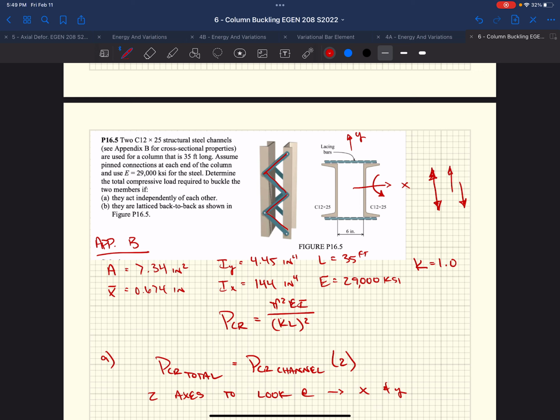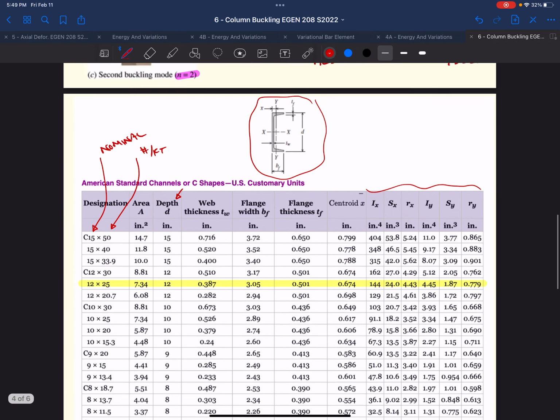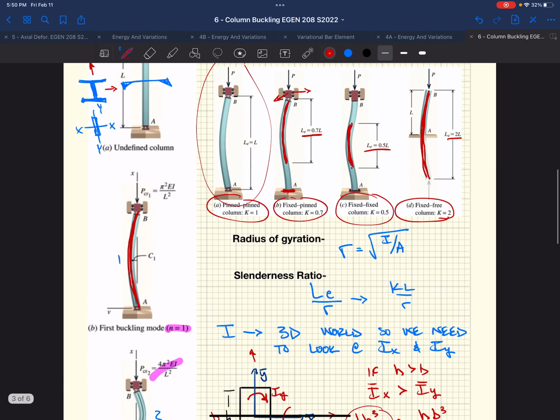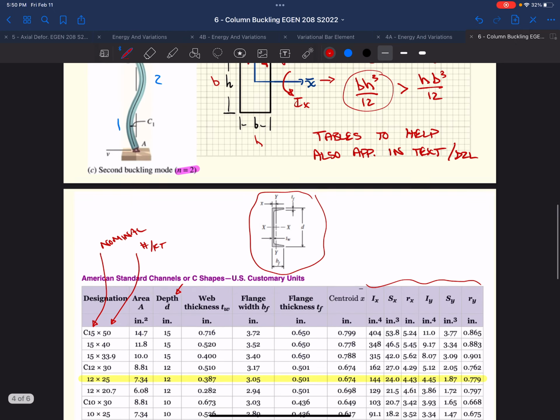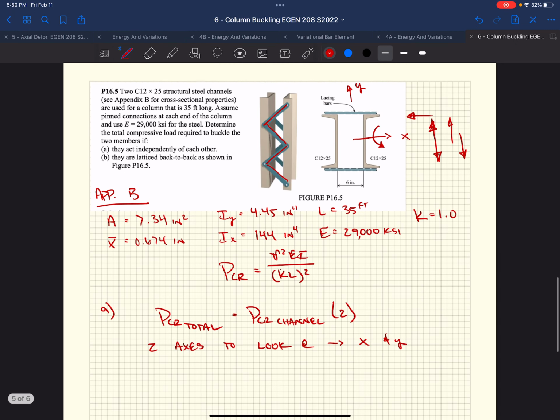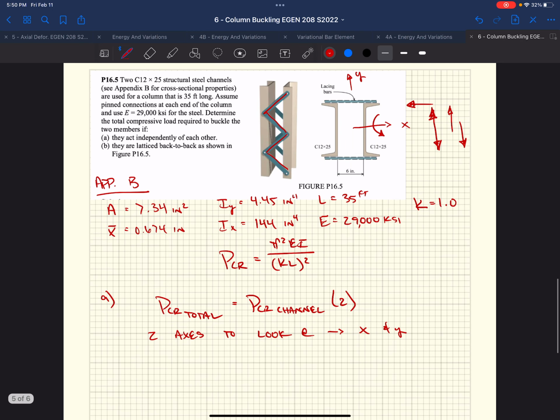It would buckle upward or downward, right? But it's rotating about the X-axis, because if we looked at it from the side, it would look something like this deflected shape, right? It's going to buckle in the Y direction if we were looking at the side of that, okay?